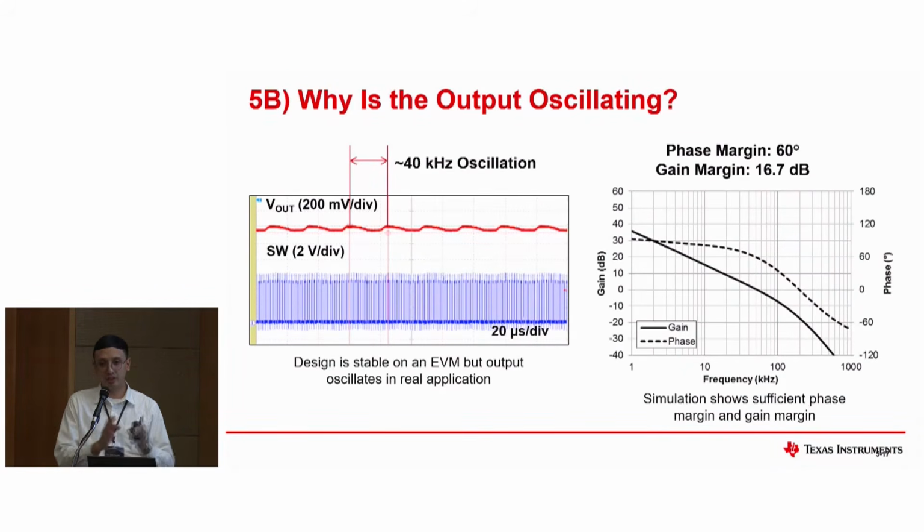Of course, the tolerances may exceed what was initially designed, because in the simulations everything is ideal. But this was also tested on an EVM, so you tested with actual parts. So it occurred when you used it in your actual board, in your design.